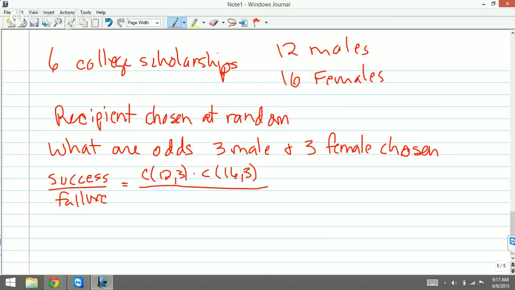All right, how many total possible groups are there? Right, there are a total of 6 choices to make. How many total people are there? 28. So we have 28 people and we're choosing how many? 6.